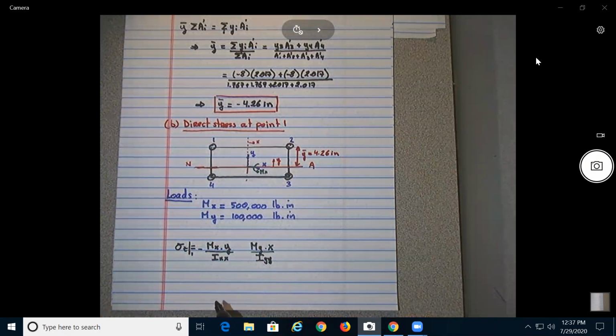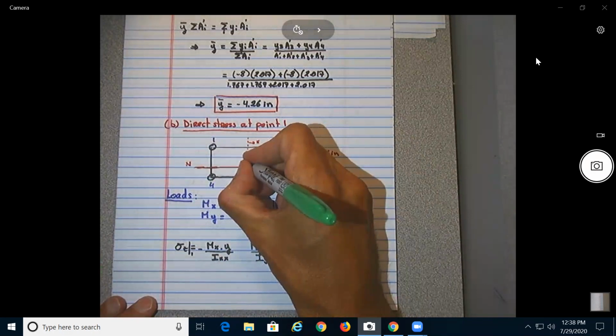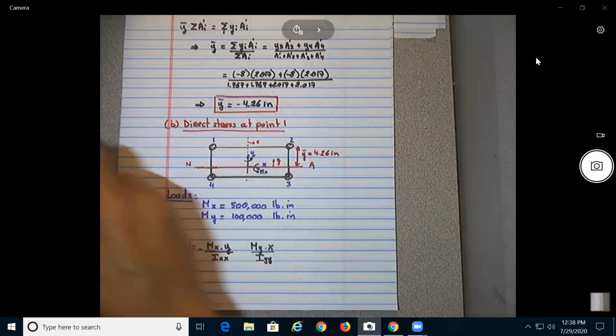So if the moment is positive in that direction, it means that my will be going this way.